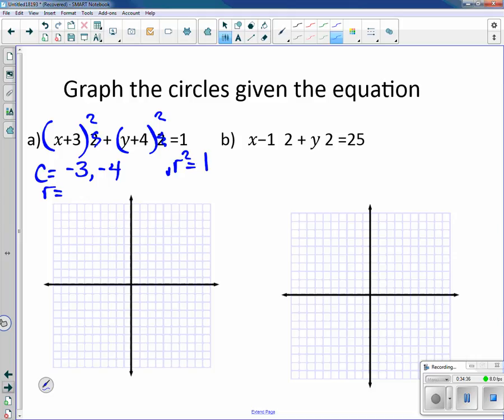If I square root it, the square root of 1 is 1. So, I need to start at negative 3, negative 4, and I need to go 1 in each direction. This one's a tiny one. There it is.